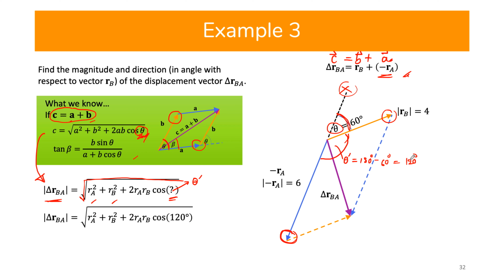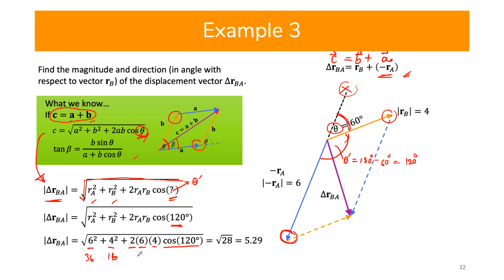Hence, the right way to use this formula is with this angle. So, let's pop in the numbers now. RA is 6, RB is 4, 2 times 6 times 4 cosine 120 degrees. You have 36 over here, plus 16, plus 48 times the whole thing.